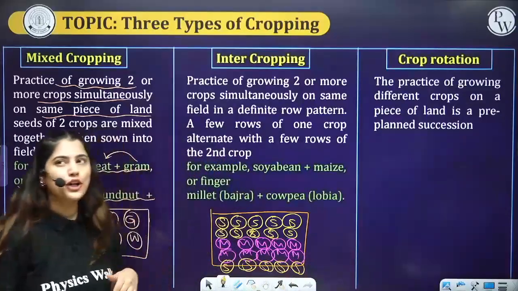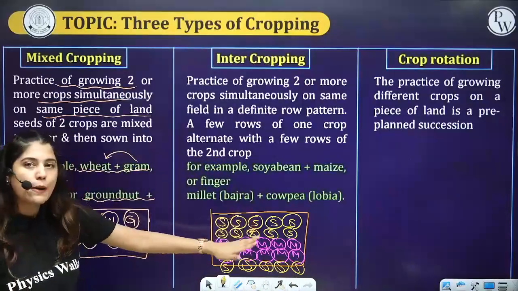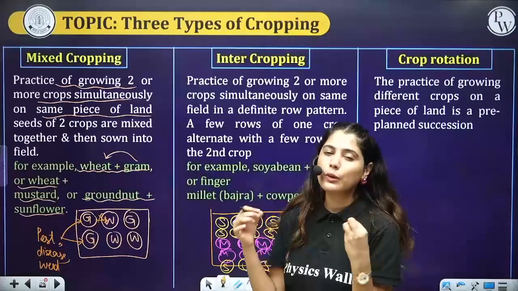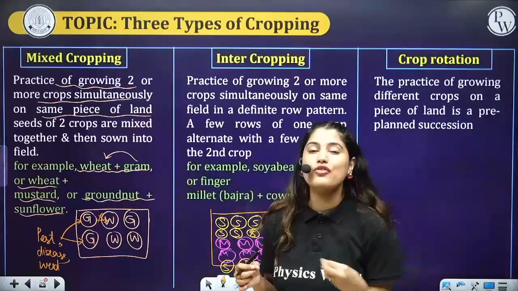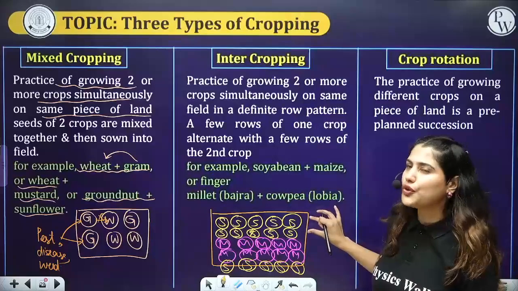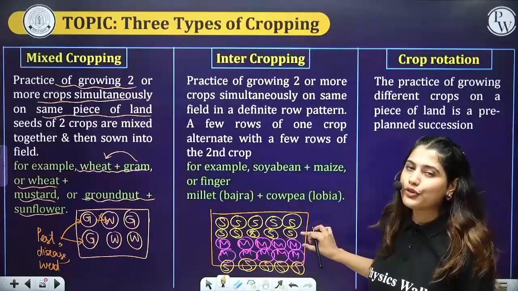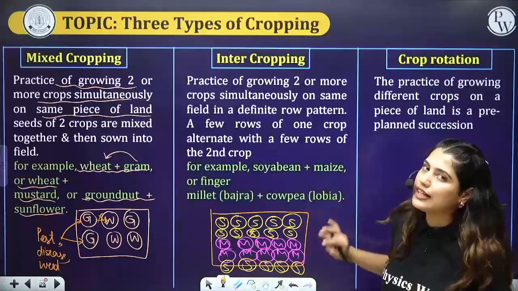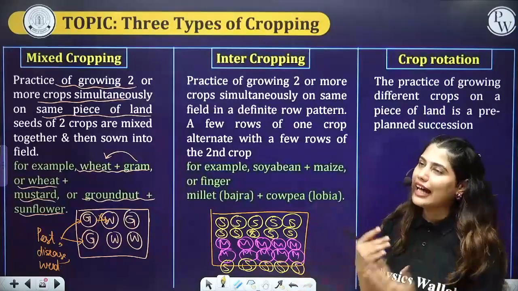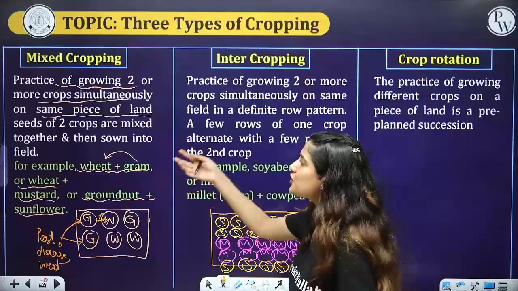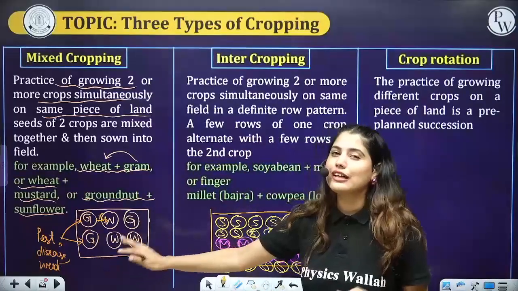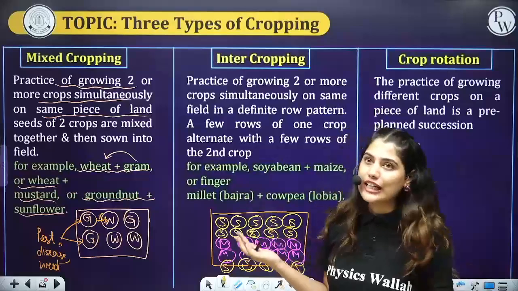So basically we are growing the crops in a definite pattern, in the sense we are growing two or more crops, but in definite rows alternately. Let's say we have a few rows of soya bean, then a few rows of maize, and again a few rows of soya bean. So again, whatever advantages we had in mixed cropping, the pests infected less, the diseases were less, the weeds were less.